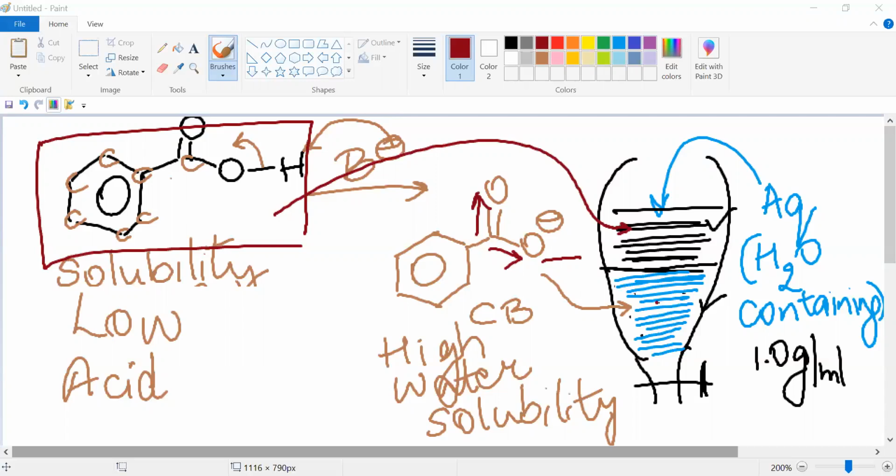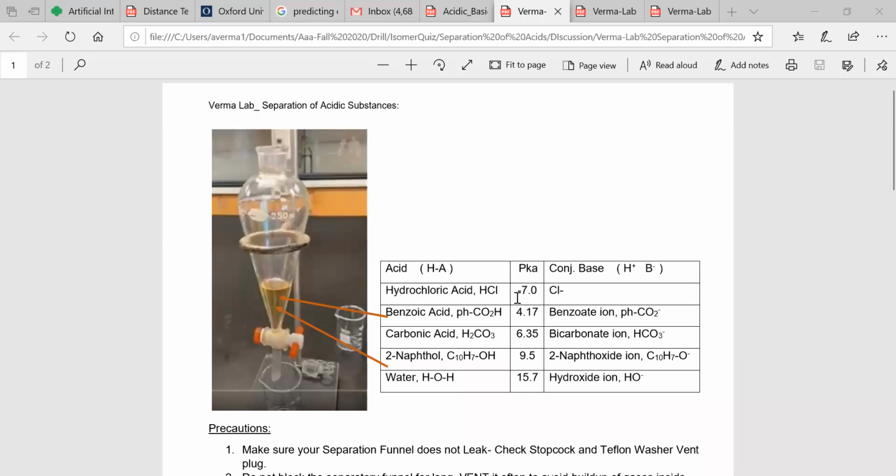How do we decide to separate out two molecules based on two different bases? If you look at the pKa values of these given acids, we will see that benzoic acid's pKa value is 4.17, whereas 2-naphthol's pKa value is 9.5.